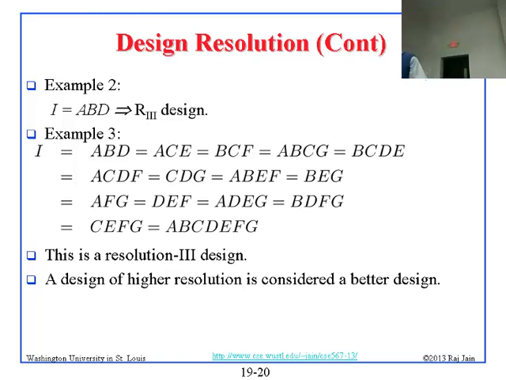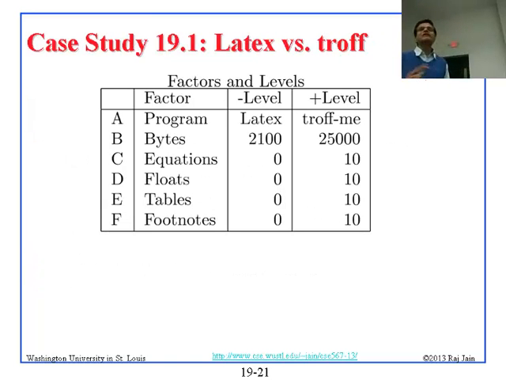Okay, so now we show you case studies, and there are plenty of case studies I can show you. You can read them on my website, but this is one of the earliest ones. Latex versus troff. Now, most of you have probably heard of latex, but not of troff. Troff, I think, is what I wrote my thesis in 30 years ago. That is the text setting system.